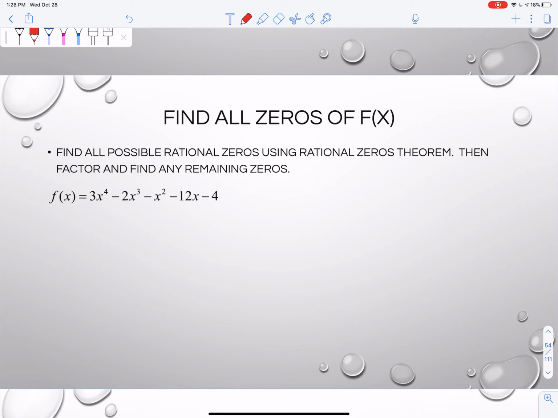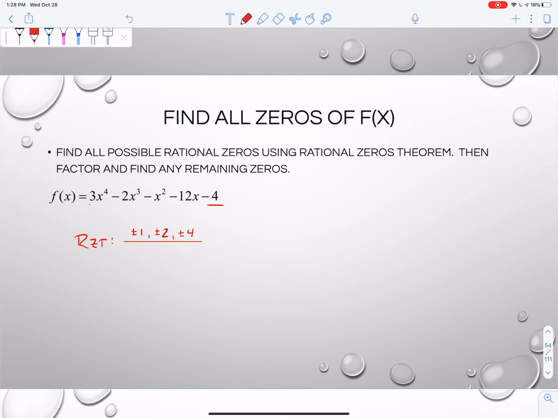So what we need to do is evaluate my rational zeros theorem. So I want all the factors of my constant term, negative 4. So I have plus and minus 1 as a possibility. That's a factor. Plus and minus 2 and plus and minus 4. Those are all of the factors of that constant term, negative 4.